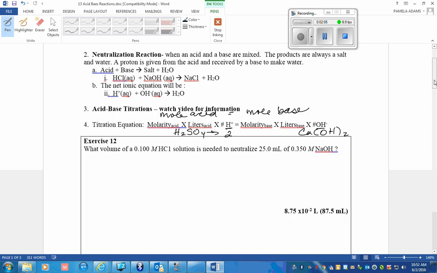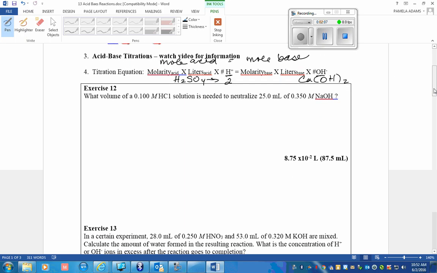So we're ready to do our problem. What volume of a 0.1 M HCl solution is needed to neutralize 25 mLs of 0.3 M NaOH? That would be HCl plus NaOH combining to neutralization with a salt and water.